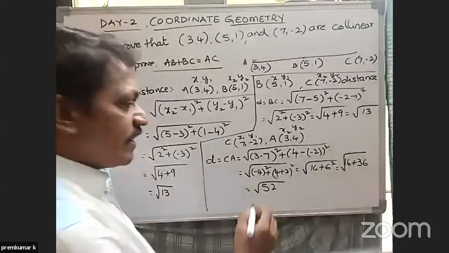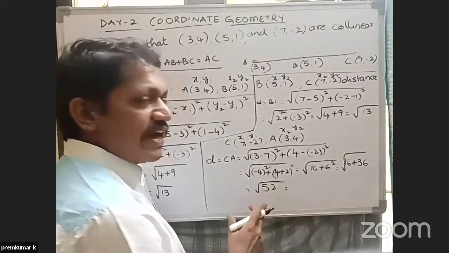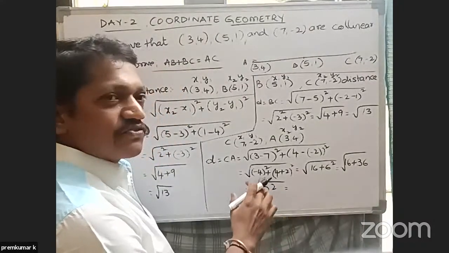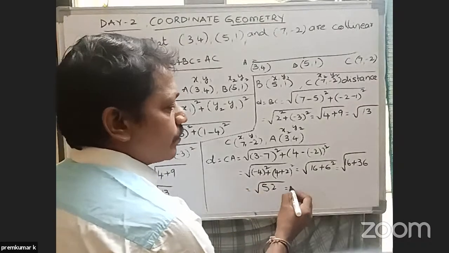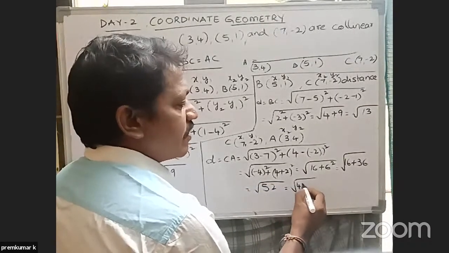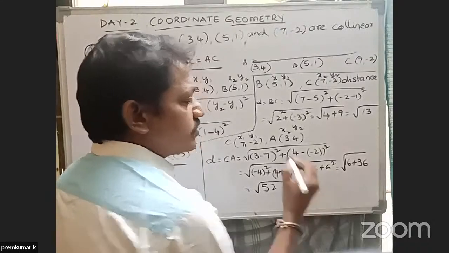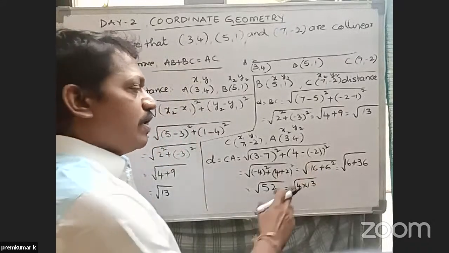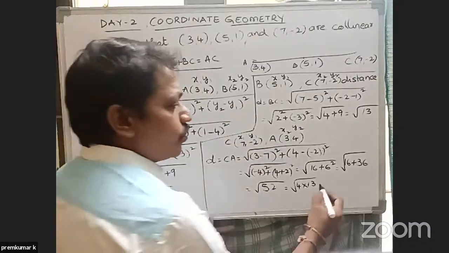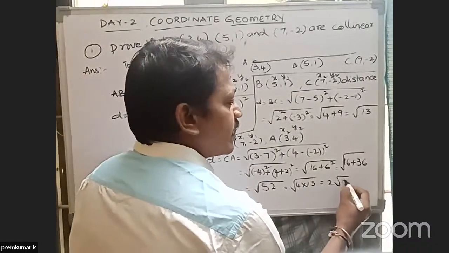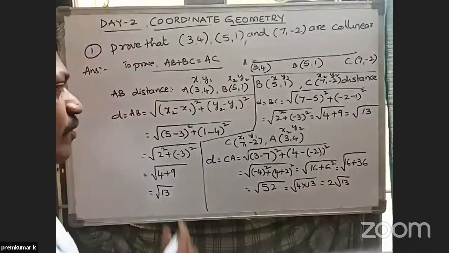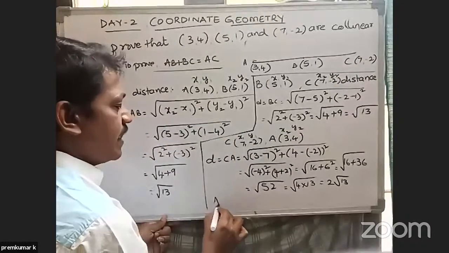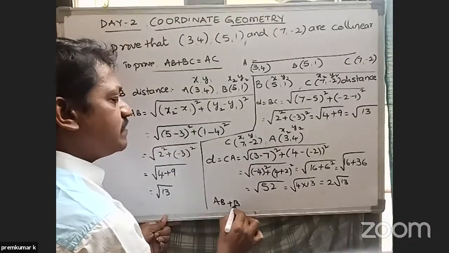For that reason, you check whether any perfect square number is there in 52. 4 into 13 you will get 52. The square root of 4 is 2. That is 2 root 13. Now we check AB plus BC.